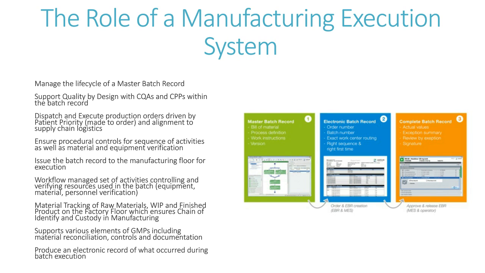And as you can see in the diagram there, one master batch record for one product could be, if you will, electronically copied into multiple electronic batch records that could be not just at one facility, but across multiple facilities. And then when you populate that batch record, you've got your complete batch record that documents what occurred.